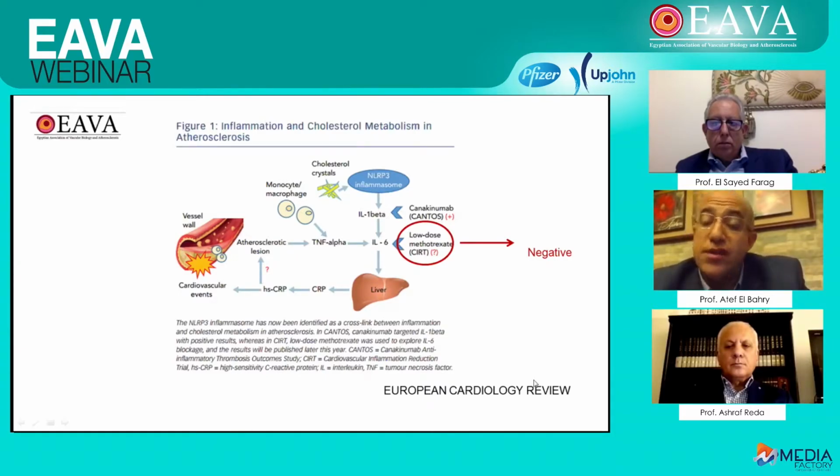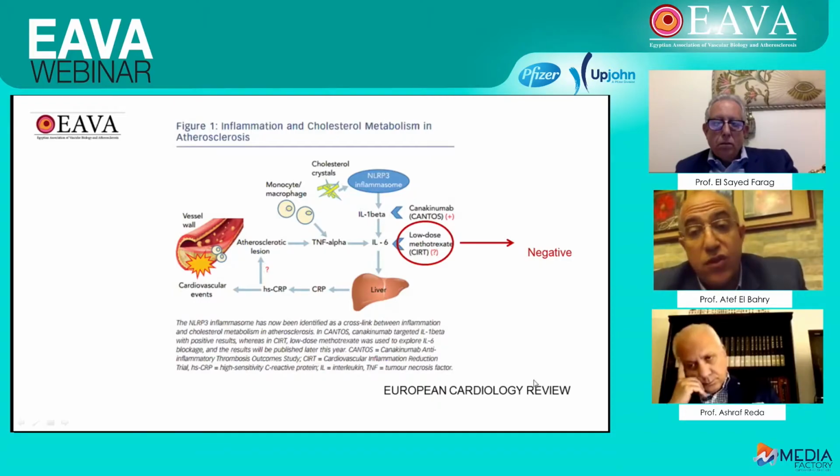And as we all know, there is a very important landmark trial, the CANTOS trial, which used canakinumab, which targets interleukin-1 beta, which is responsible for transformation to interleukin-6, which takes its circle in the liver to give us high-sensitivity CRP as a marker of inflammation, which acts upon the atherosclerotic lesion to develop the event.